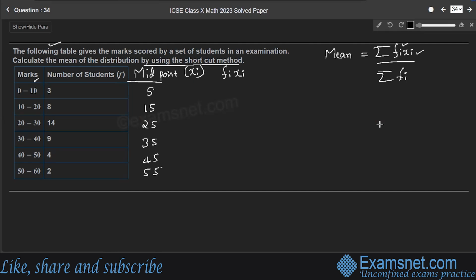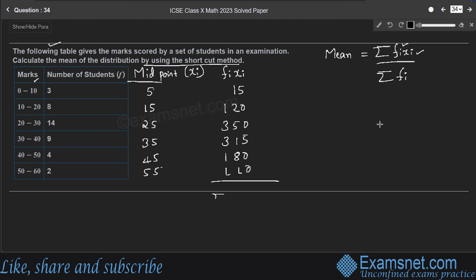So it is 15, 120, then 25 into 14, which is 350, 35 into 9, so 9 into 5, 45, 315, right? Next it is 180, so 110.